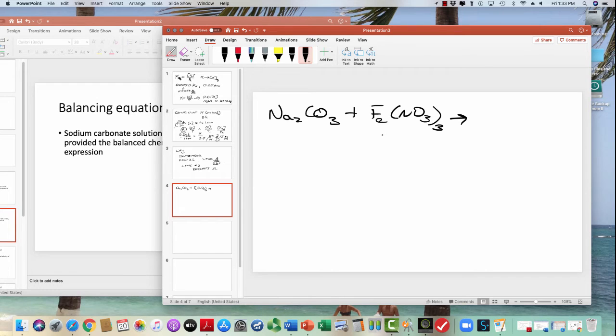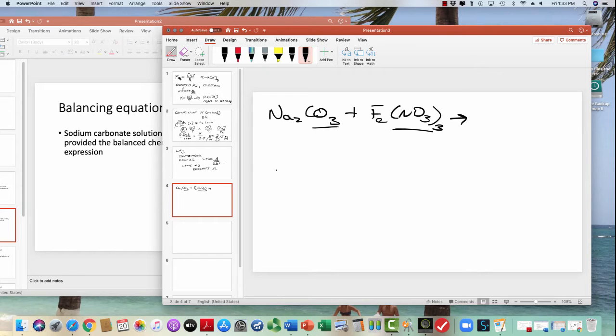This is what we call double displacement, where these two will switch. We need to figure out what is the precipitate and what are going to be the resulting salts. So we can use the net ionic equation.